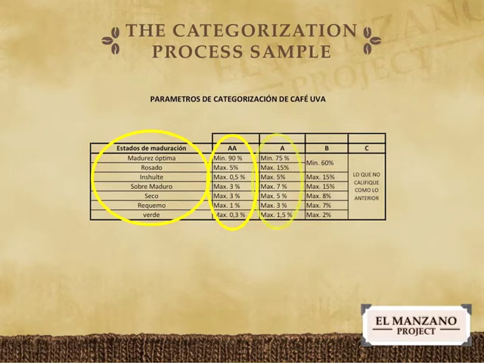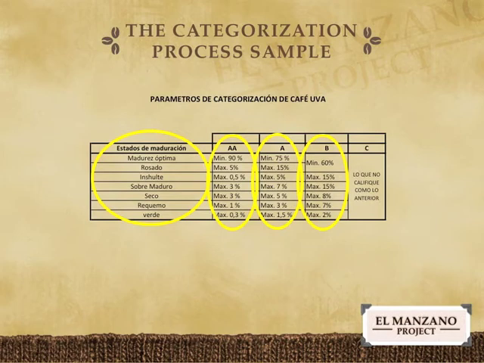All those, if they go up by as little as 1% or half a percent, they'll jump to the next. So for a coffee to be an A category, it needs to have at least 75% optimum ripeness. And the others, once again, are maximums. So maximum 15% pink. Then B category has to have at least 60% between pink and optimum ripeness.